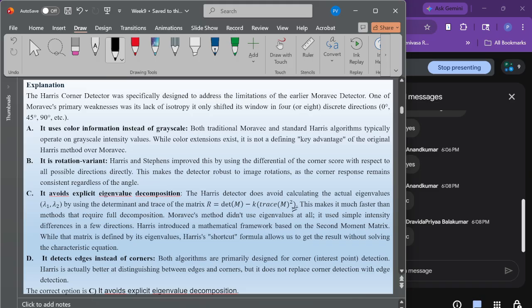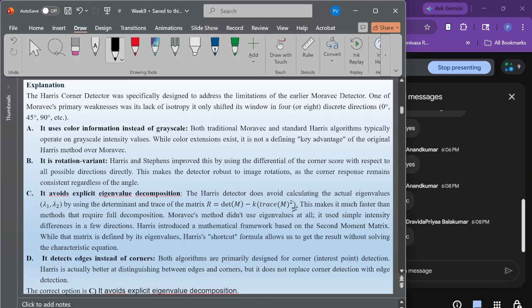Moravec's method did not use eigenvalues, and it uses simple intensity differences in a few directions. Harris introduces a mathematical framework based on the second moment matrix. We will solve some numericals on that, and that matrix is defined by its eigenvalues. The Harris shortcut formula allows us to get the results without solving the characteristic equation.